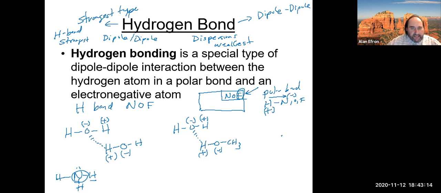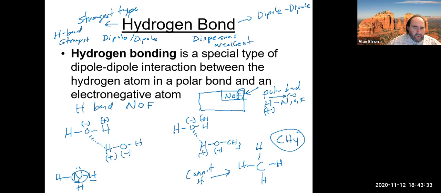Now, what about CH4, for example? CH4, which looks something like this if we draw it. CH4 has a lot of hydrogens, but it actually cannot hydrogen bond. So why can it not hydrogen bond? Well, a couple of reasons.